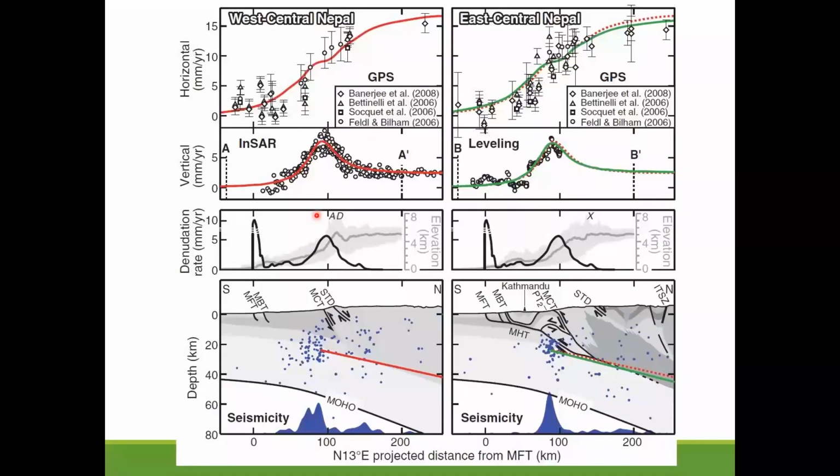Okay, and in your Nepal Himalaya, that seems to be the place where the duplexing is also happening. This is Kathmandu Valley, and this is just north of that. And that's where the MCT is, or the main central thrust, or the main boundary thrust. So in between that is the duplexing. Okay, and that's the part which seems to be most active. And if you look at the seismicity patterns, that's the pattern which is also again the highest.